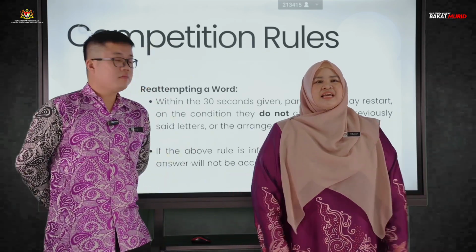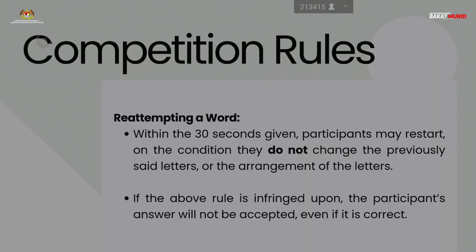Alright, next. Reattempting a word. This is when your student might already have spelled some of the letters, but they wish to change, or they remembered how to spell it correctly after that. They can reattempt the word, where they start from the first letter.